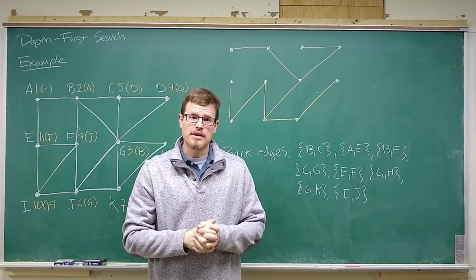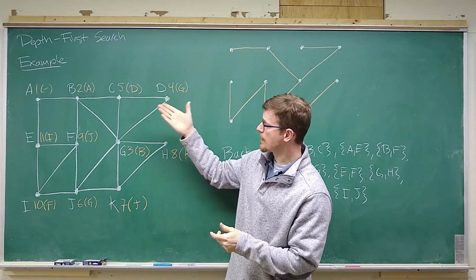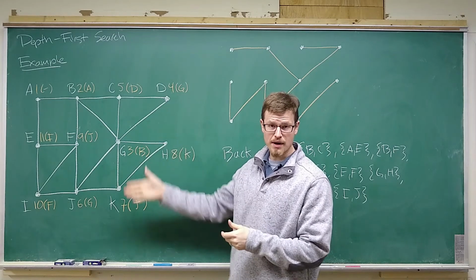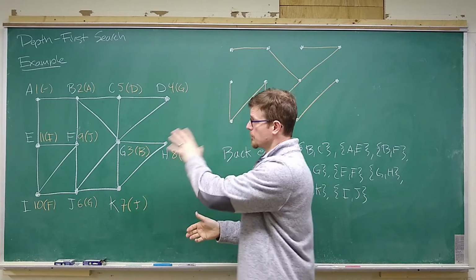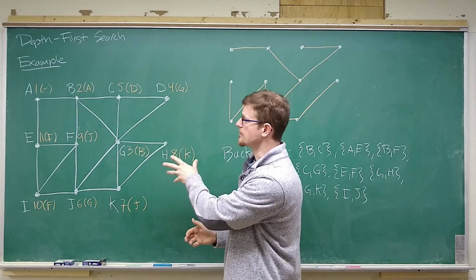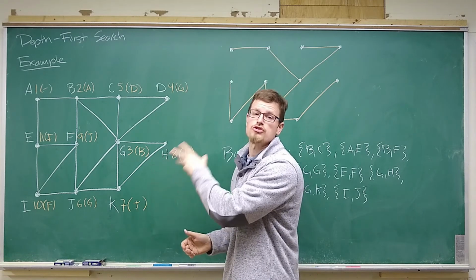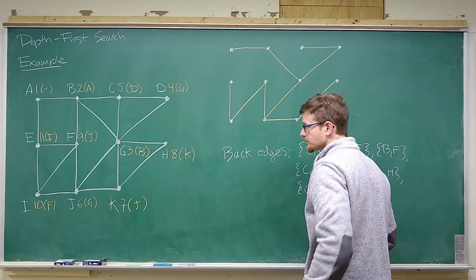Now, they get their name back edges, I believe, from how we find a strongly connected graph within this graph. Or we obtain a directed graph by labeling directions to each edge, and we can obtain a strongly connected graph using a particular method here.